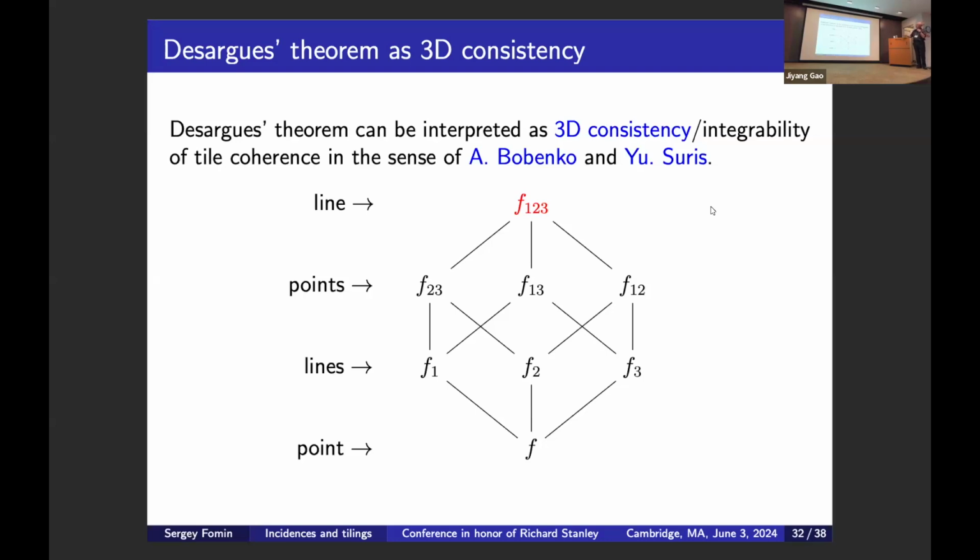So what it means in this context: we start with a point and 3 lines, and then select 3 points here, which make the 3 bottom quadrilaterals coherent. Then Desargues' theorem tells us that there exists a unique line that we can place here, which will make the 3 upper parallelograms coherent. Okay, so we can call this the Desargues dynamical system.